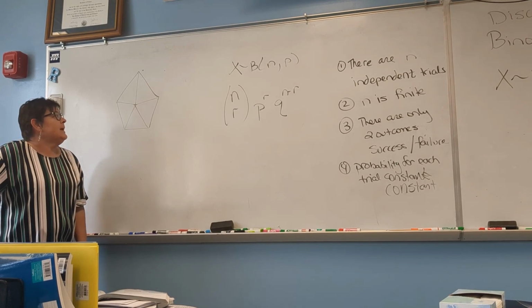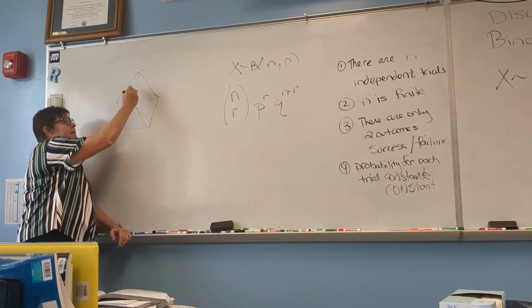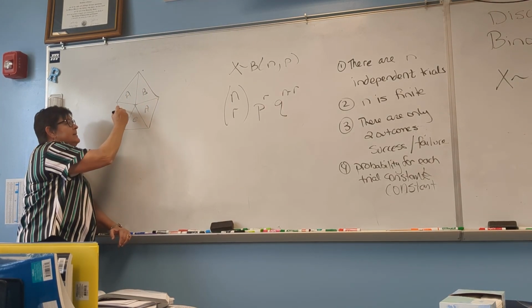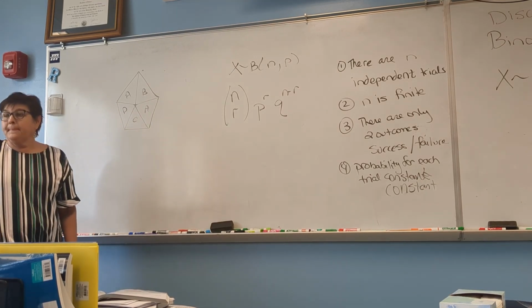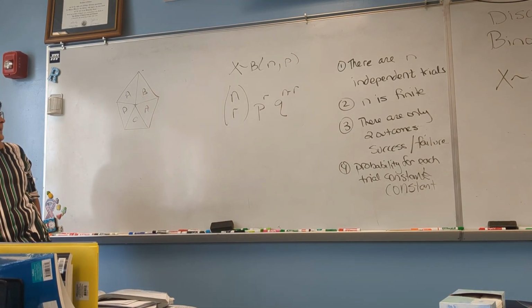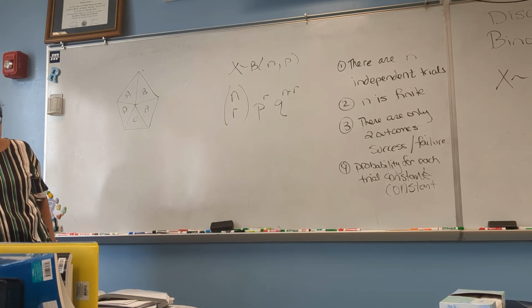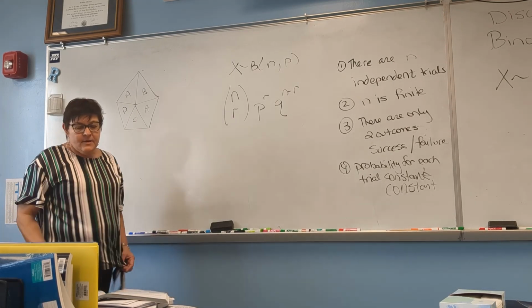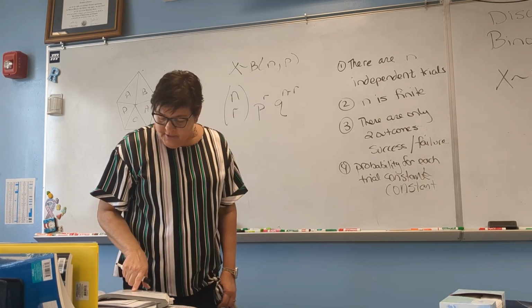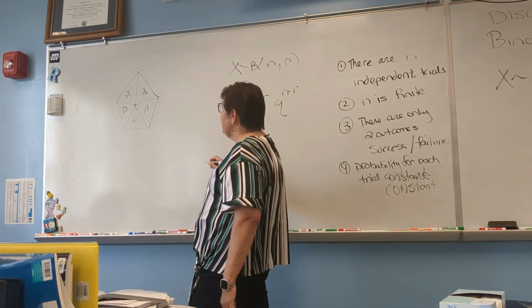So anyway, we have A, B, A, C, and D. We are going to take a regular pentagonal spinner. We're going to spin it 10 times.